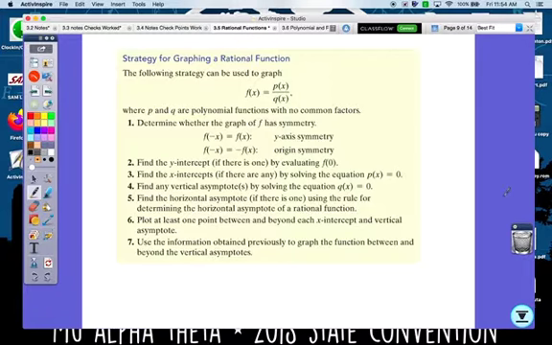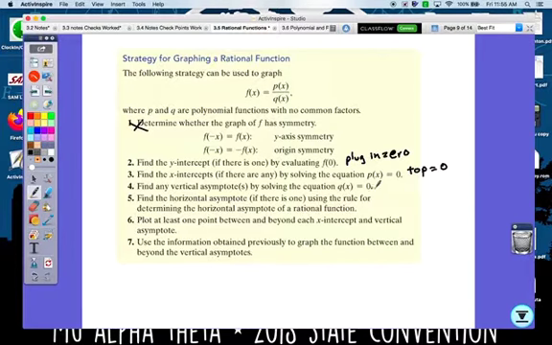Now, when they're not just the normal, common rational functions, here's our strategy. If we want to, we can figure out symmetry. I'm probably not going to do that. You can find the y-intercept by plugging in 0. Find the x-intercept by setting the top equal to 0.